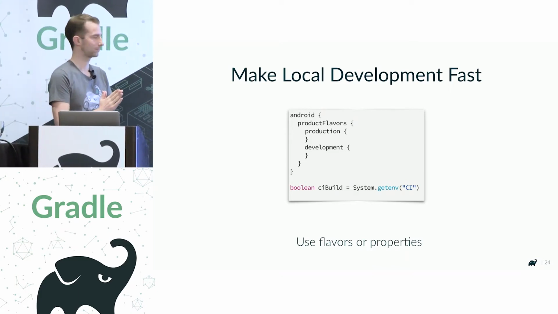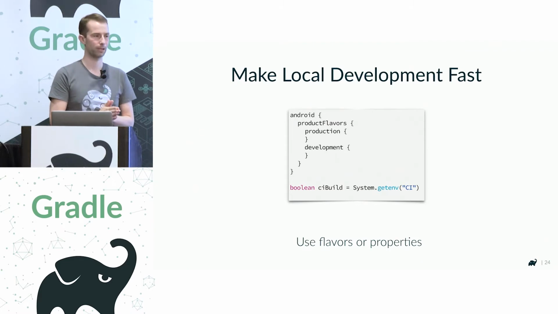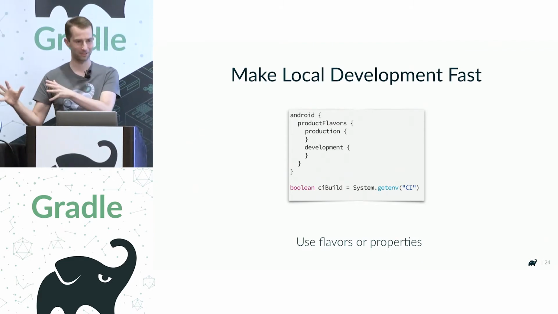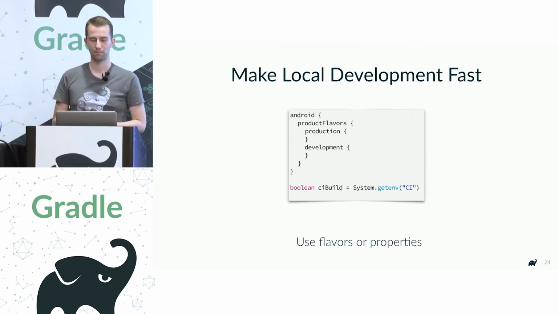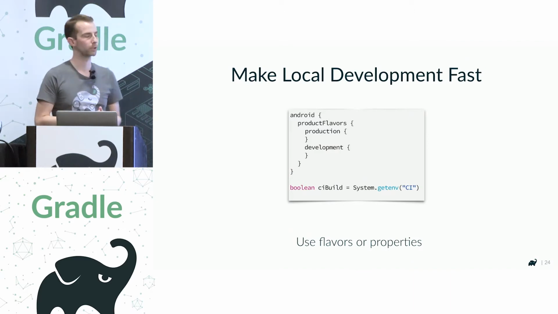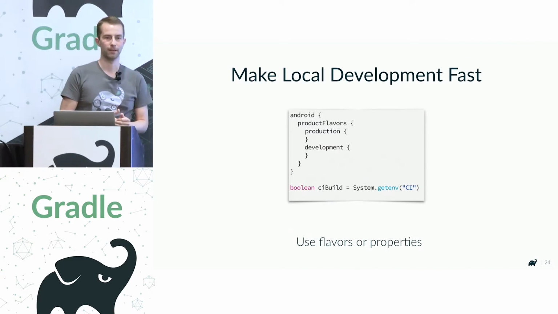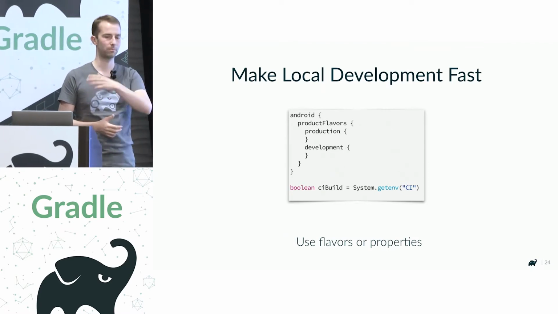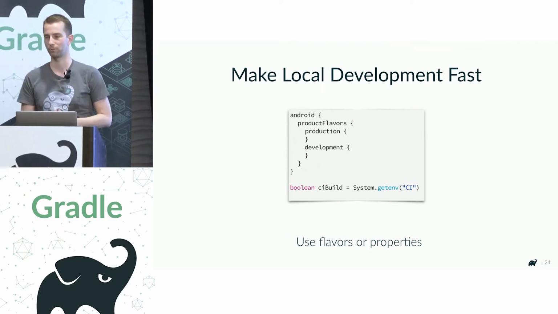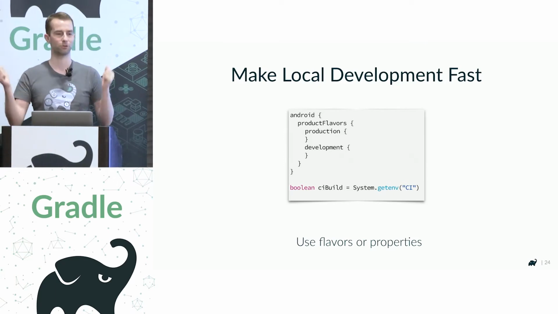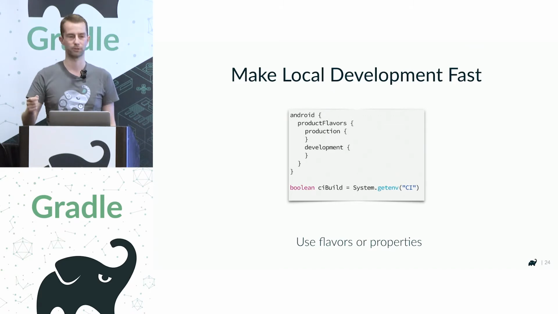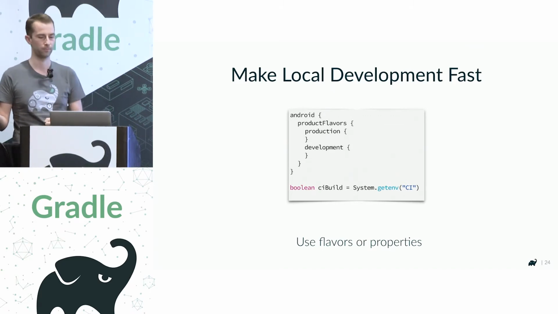There are some things that you can configure via flavors, although I just talked to the Android team and they definitely plan to make everything configurable on flavors. But still, also for general Gradle projects, I just want to give you this second tip, which is that it's usually very easy to detect that you're running on a CI server. All major CI servers put some environment variable somewhere, like the Travis job ID or the TeamCity build ID, etc. So you'll always be able to tell, oh yeah, I'm running on my build server.